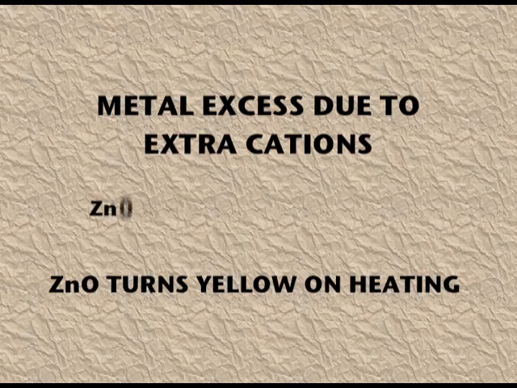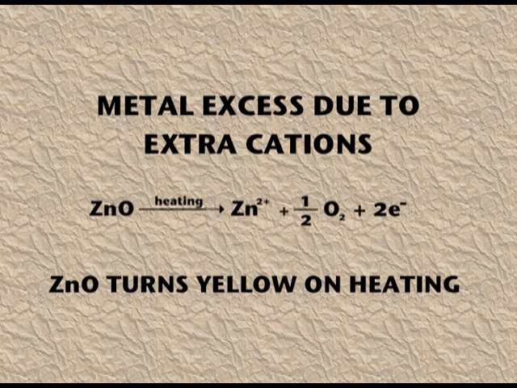Let's see this equation. Zinc oxide is losing 2 electrons and changing into zinc ion, and oxygen is evaporated. These zinc ions occupy the interstitial sites and electrons occupy the neighboring interstitial sites and are responsible for the color. Now, the metal deficiency defect.